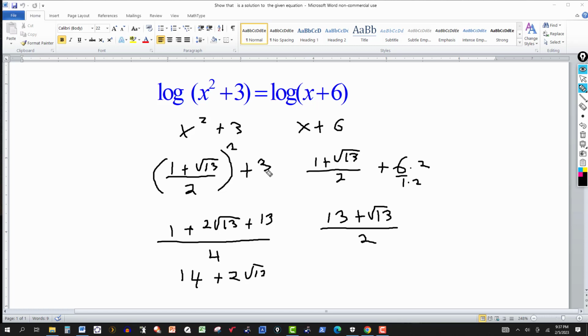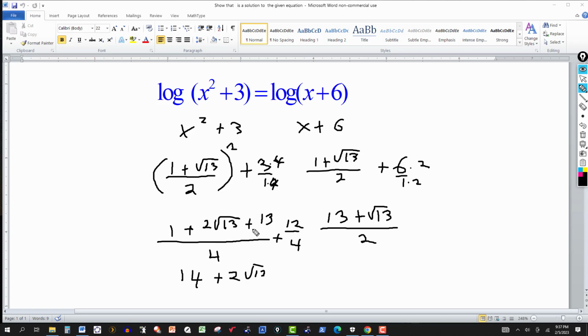And this plus 3 right here, let's put this over 1, and then multiply by 4 to get the same denominator of 4. So this will be 12 over 4. Now I got everything over the same denominator.